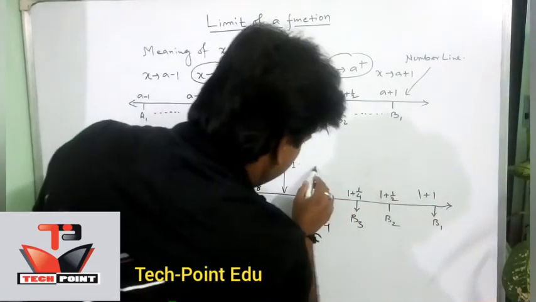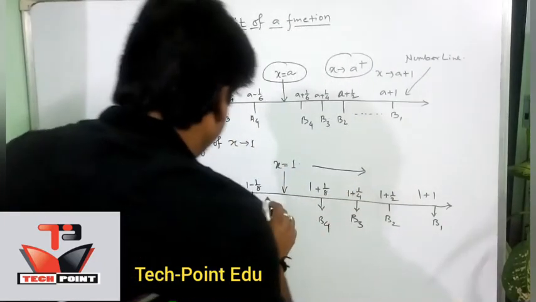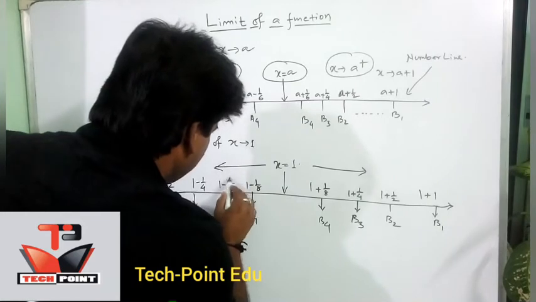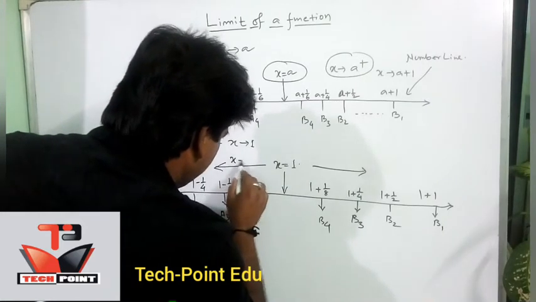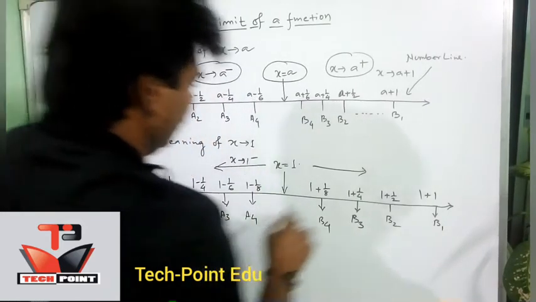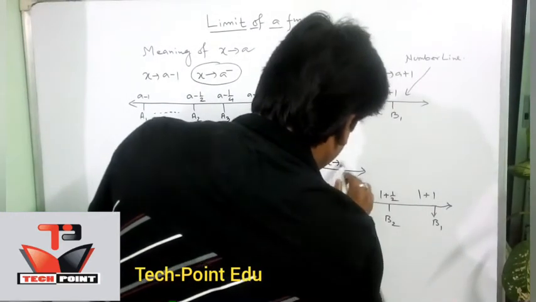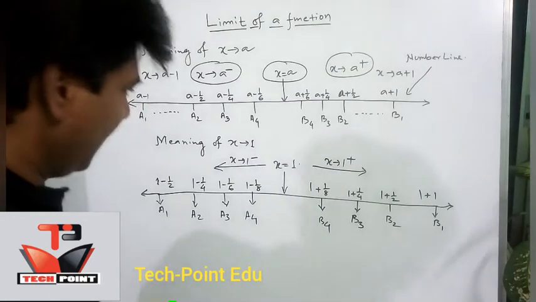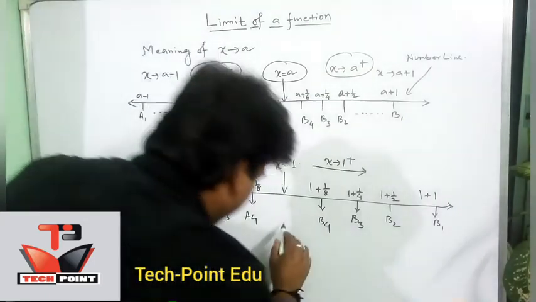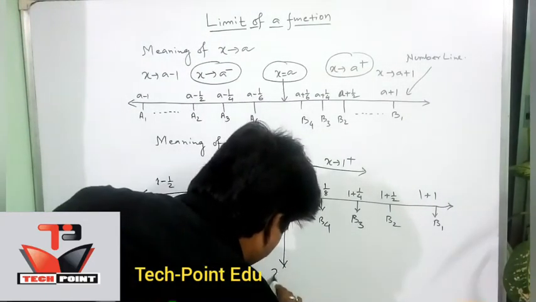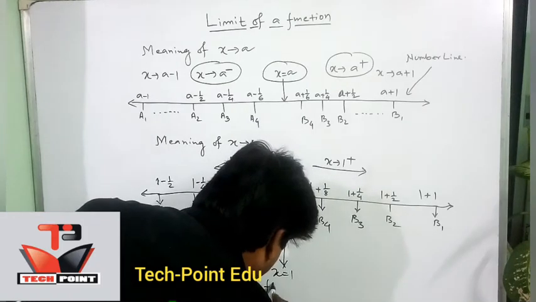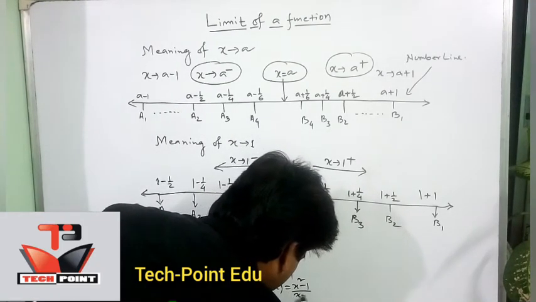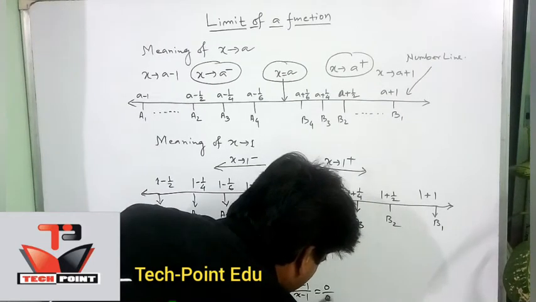This one is the increasing side, this one is the decreasing side. That's why this part is known as x tends to 1 minus, and this part is x tends to 1 plus. In the earlier sum, at x is equal to 1, f of x, x square minus 1 by x minus 1, it was 0 by 0, undefined.